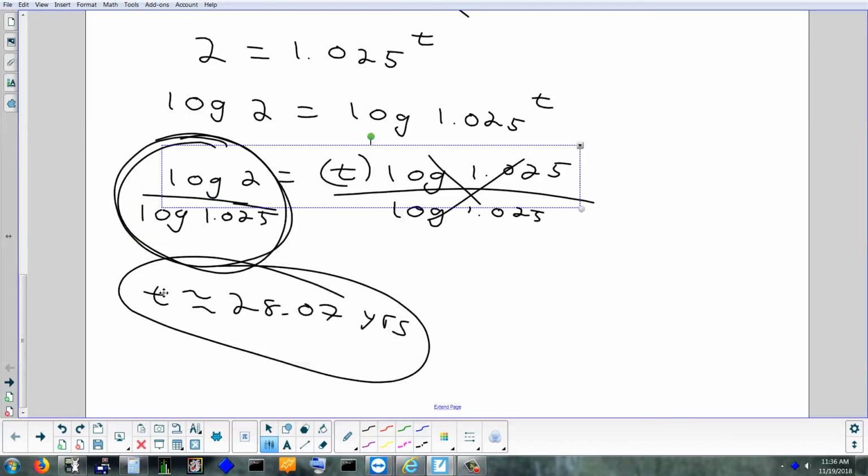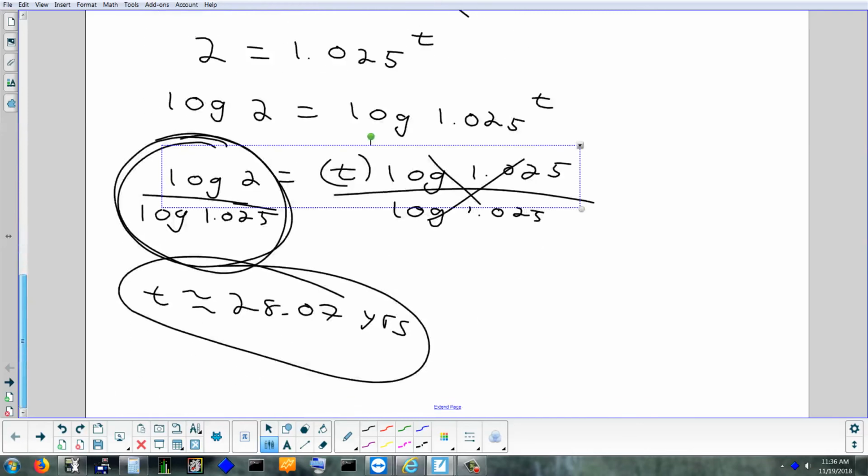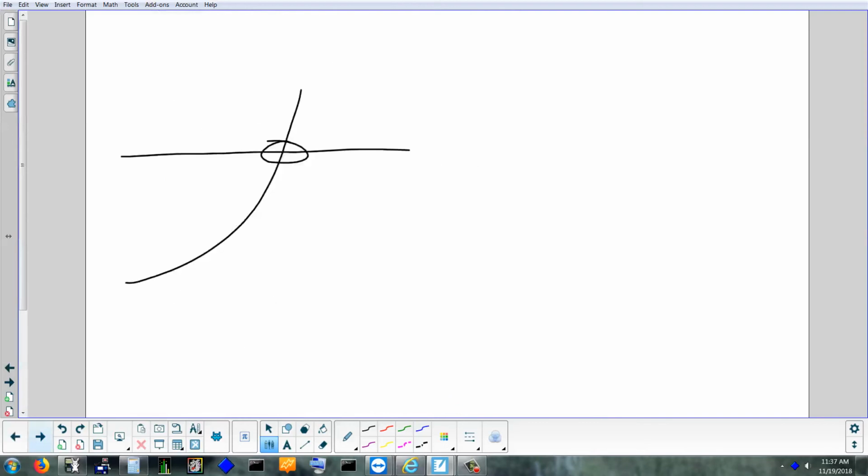So if you think of it that way, you wouldn't even have to go through any of these steps. Just do log of final divided by initial divided by the log of 1 plus r. And there's a shortcut for doing the problem every time. Or if you don't remember it, do what we just did every time. Okay. Any questions on that? All right.